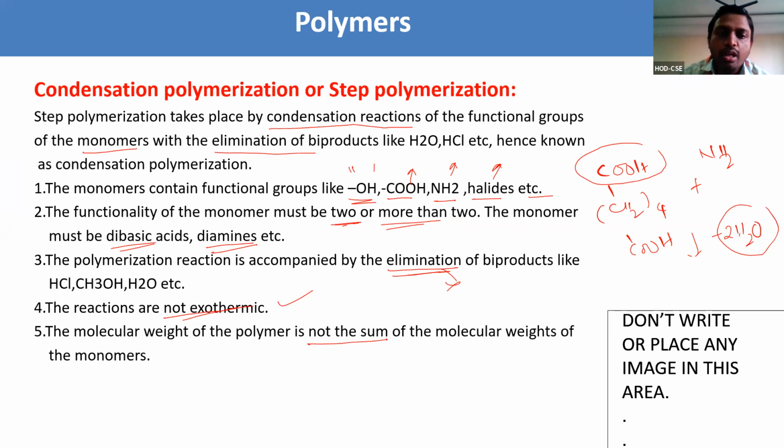Here there is elimination of byproducts like H2O and HCl, hence it is called condensation polymerization. We are condensing two monomers, and by the elimination of H2O they produce the polymer.